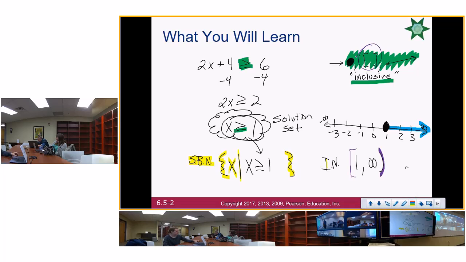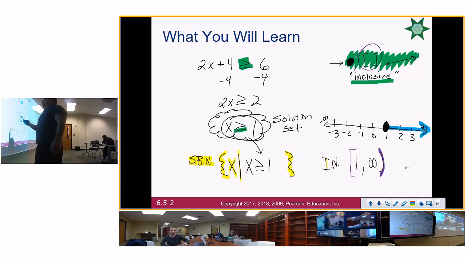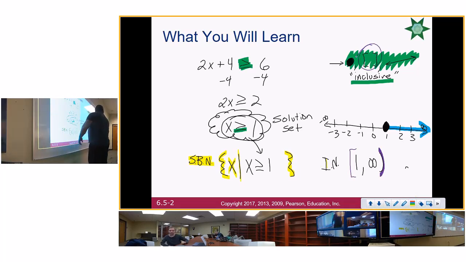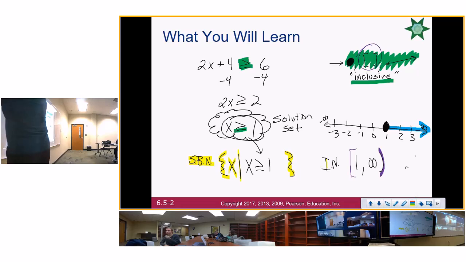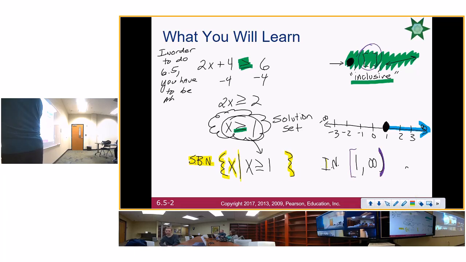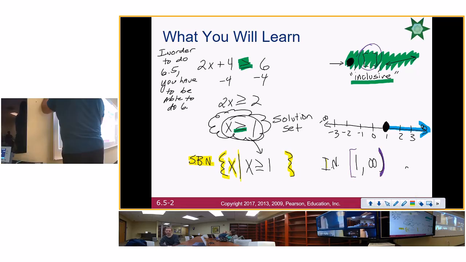Now, in order to do an inequality section, you have to include what you learned in what section? 6.3. So, in order to do 6.5, you have to be able to do 6 point what?